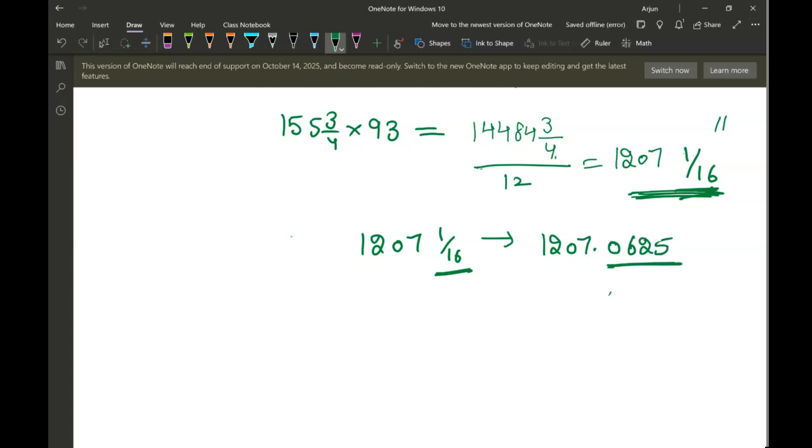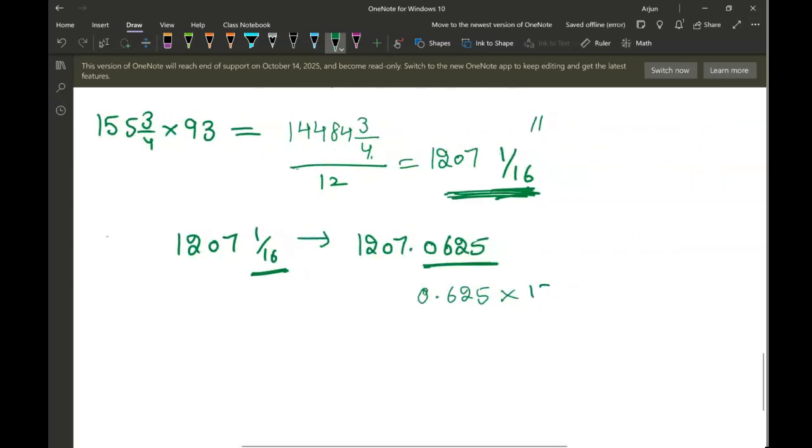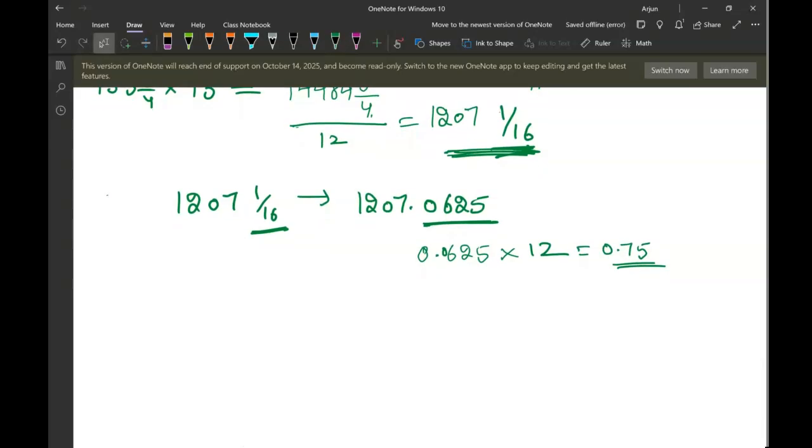And then I'll take the 0.0625 and multiply it by 12. That's going to give me exactly 0.75. So I got 1207 feet, and there is nothing after this, so I'll just leave it as 0.75 inches. So 0.75 inches can be written as 3/4.